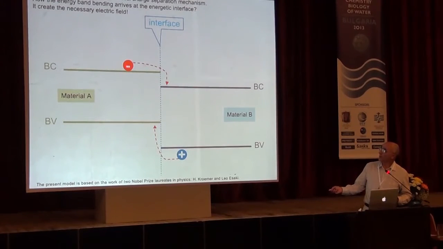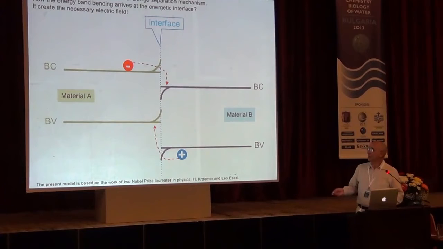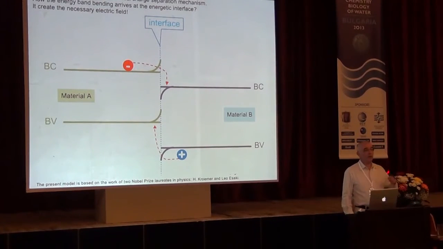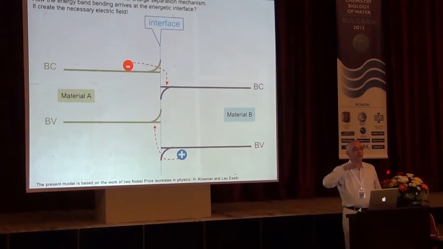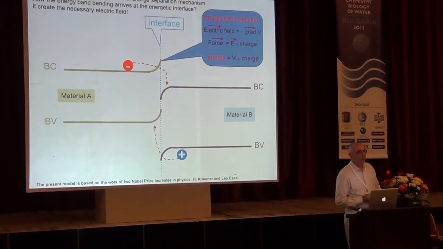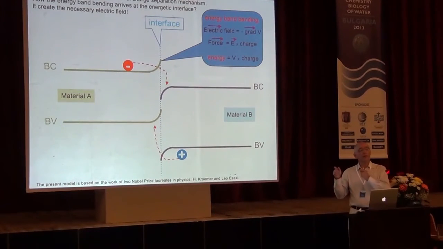When it falls down, here we have an energetic step, and this falls down here, and this falls down here, we always have what we call band bending, because this one is falling down here, creating a non-equilibrium electronic system on this side, and the same for this side. So this band bending is a variation of the potential, and the variation of the potential gives what we call an electric field. If I have the electric field, I have the driving force to separate charges.